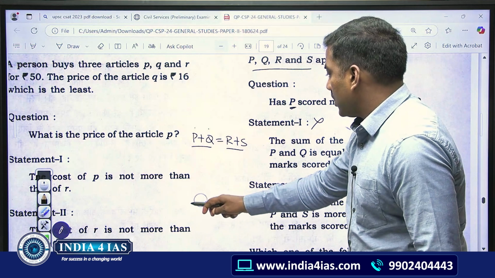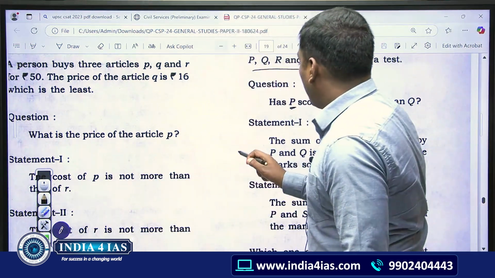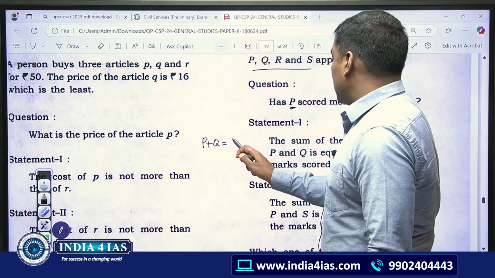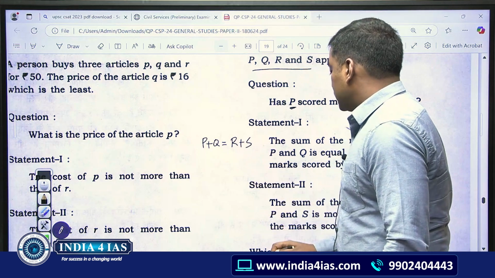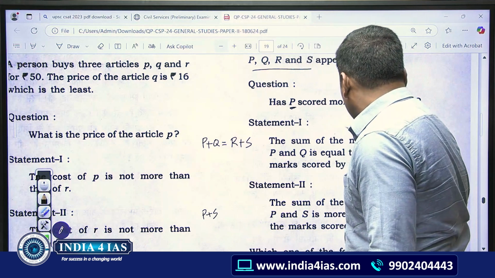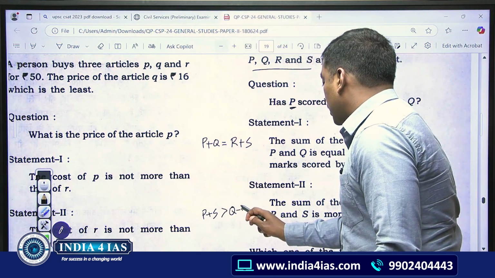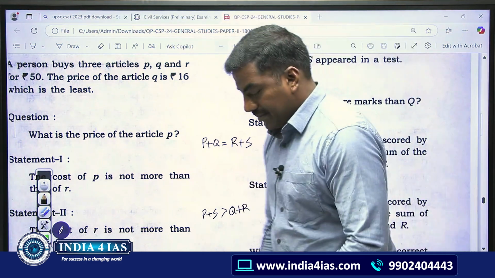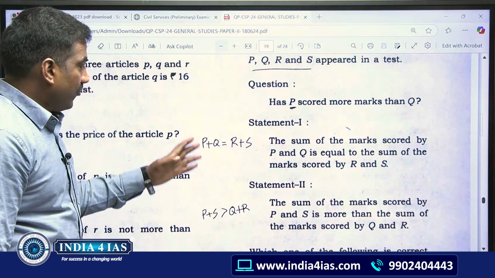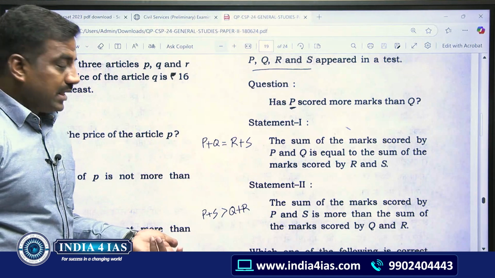Statement 1 is giving me P plus Q is equal to R plus S. And statement 2 is giving us P plus S is more than Q plus R. In this case, we cannot conclude who is more powerful, P or Q or R or S. Anybody can get the highest marks, anybody can get the least marks.